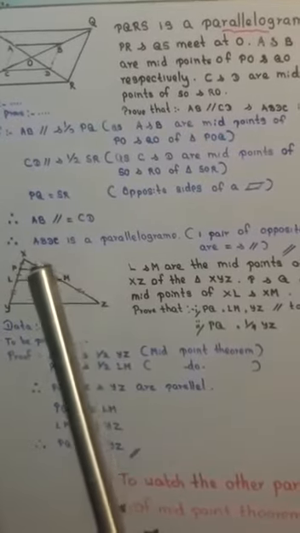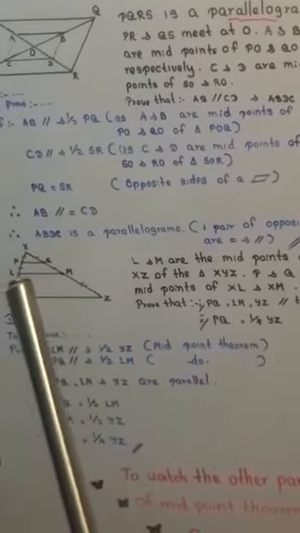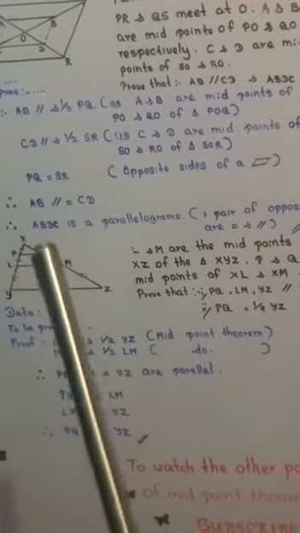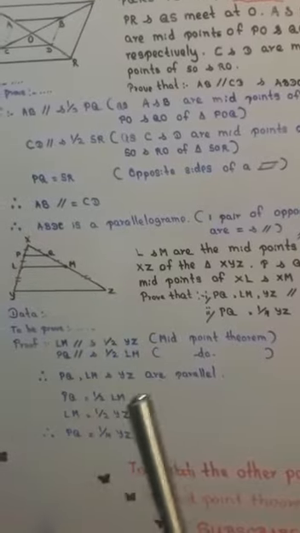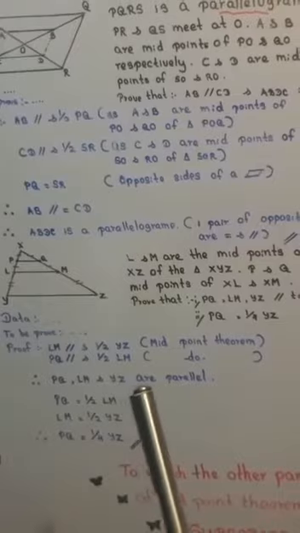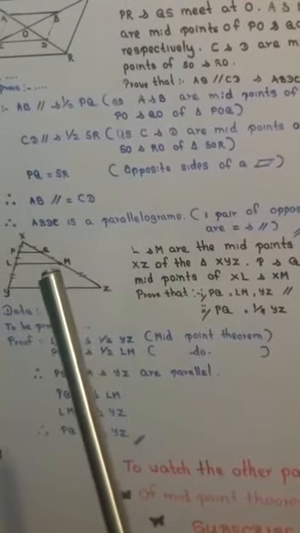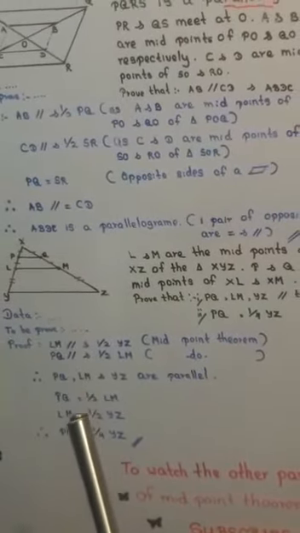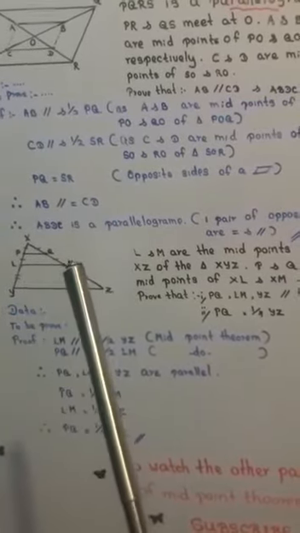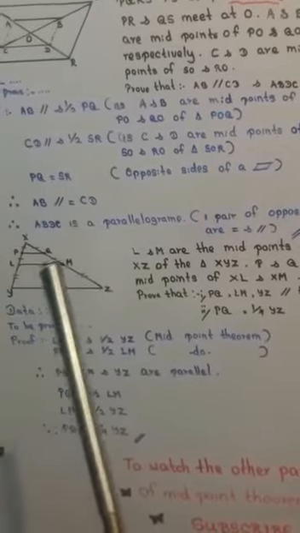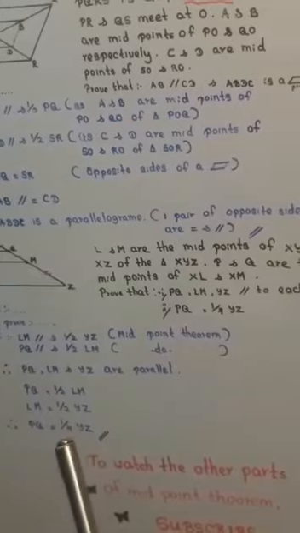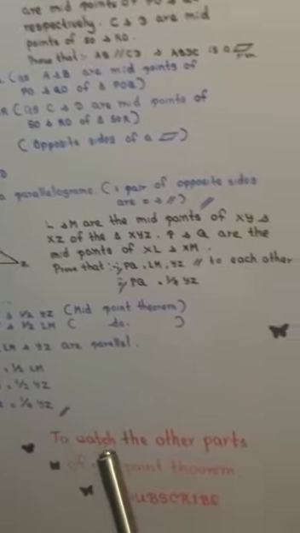PQ is parallel to the third side, that means LM, and also half of LM. We can write PQ, LM and YZ are parallel. Then we can write PQ equals half of LM. And also you know LM equals half of YZ. Therefore PQ equals 1/4 of YZ.